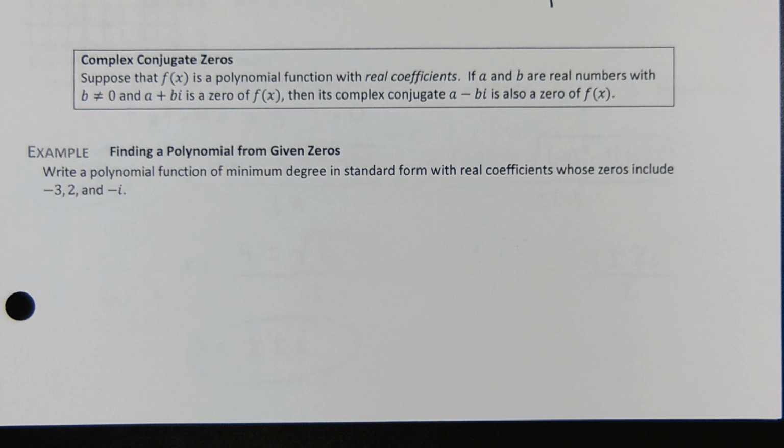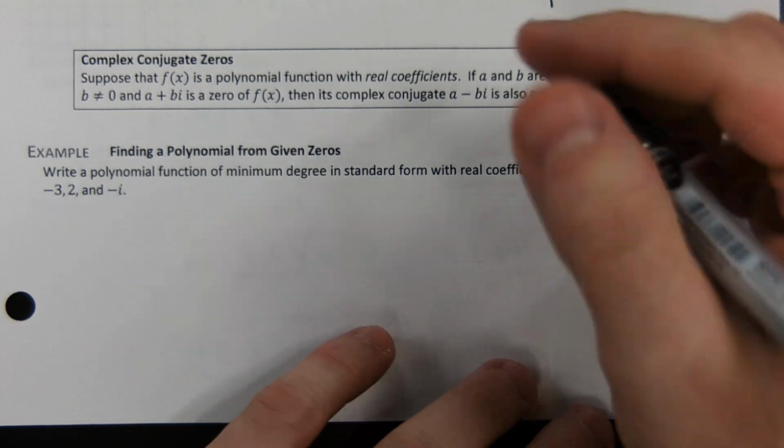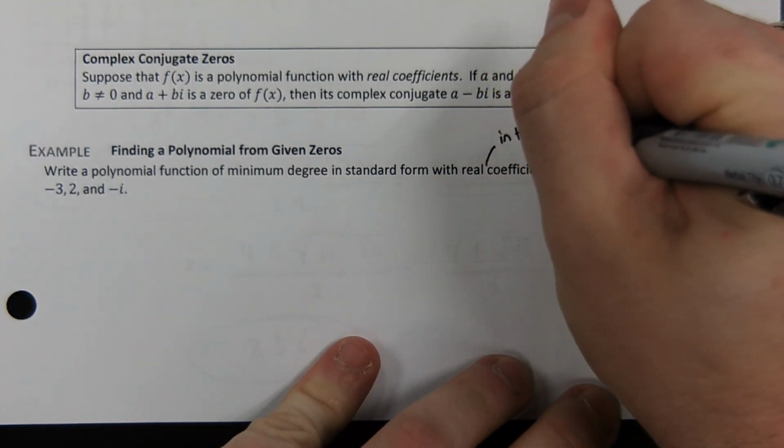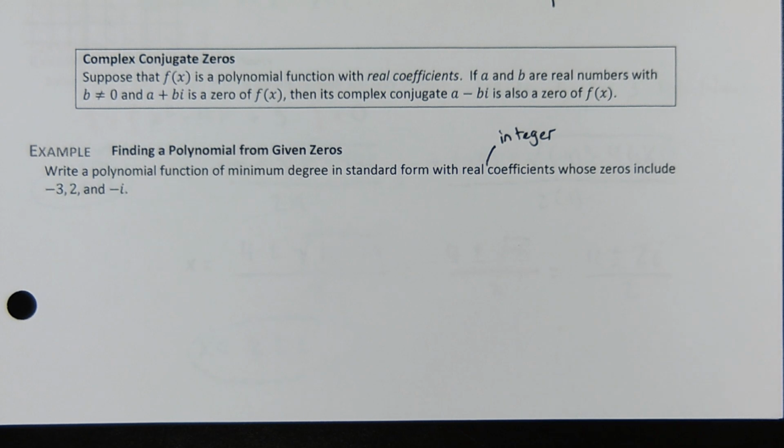And I also need to adjust the question to make it slightly better. I missed a word when I was typing it. I want integer coefficients, so real integer coefficients. I don't want fractions because that's no fun.